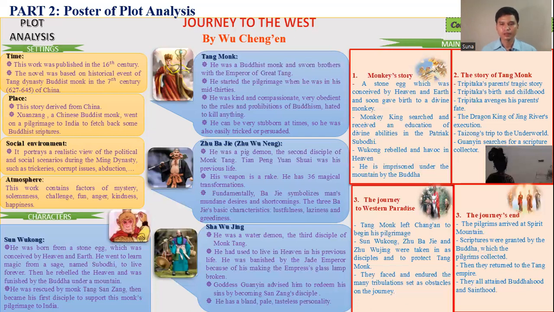And Sun Wukong, Zhu Bajie, and Sha Wujing were taken in as his disciples to protect Tang monk along his journey. And along the journey, they faced and endured many tribulations set as obstacles on the journey.